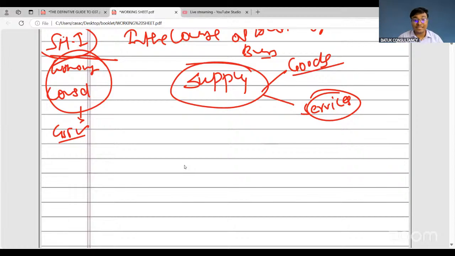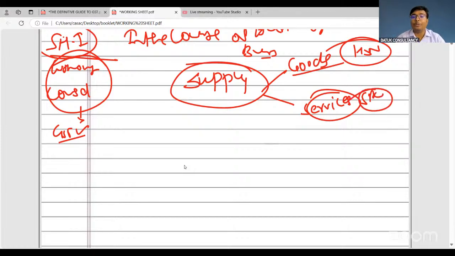I also need to decide that, because if it is goods, the HSN code will be applicable, or for services, the SAC code.